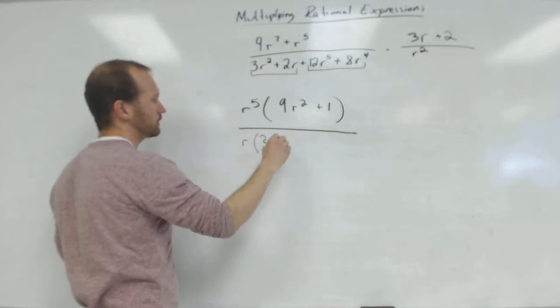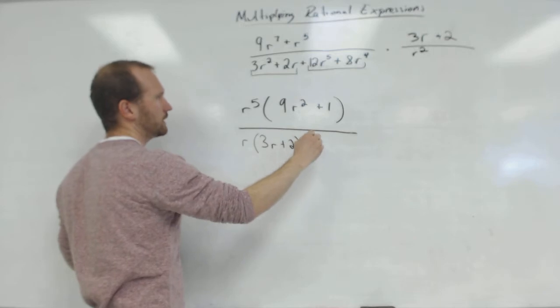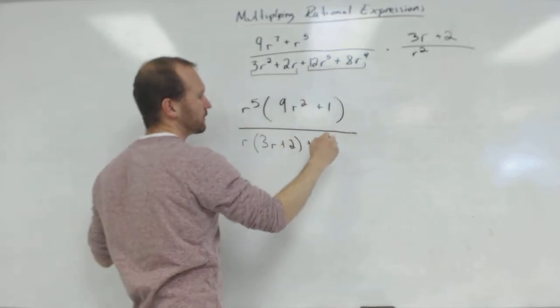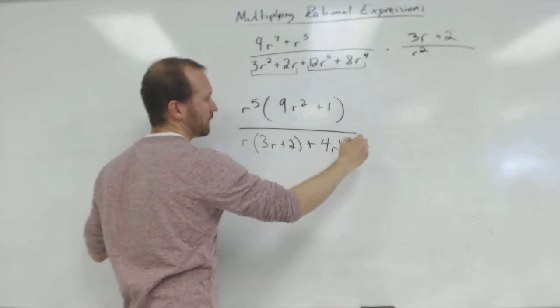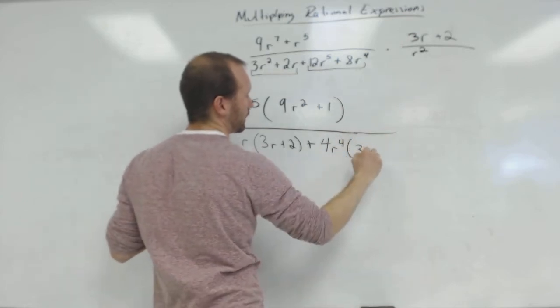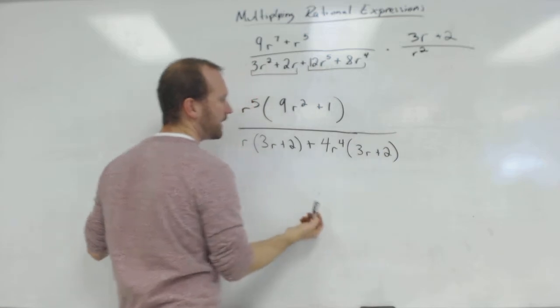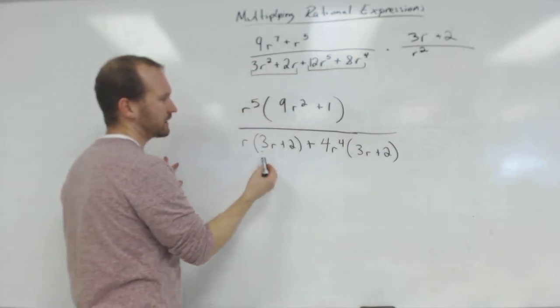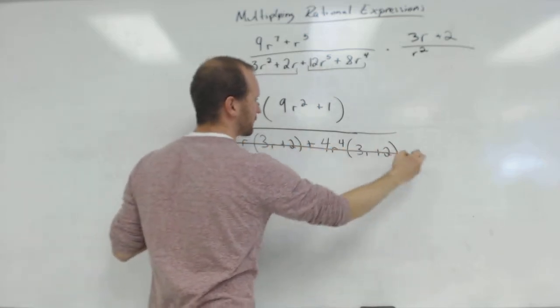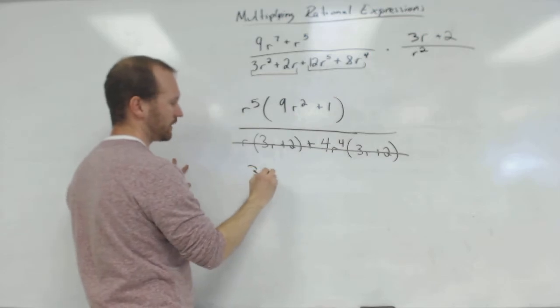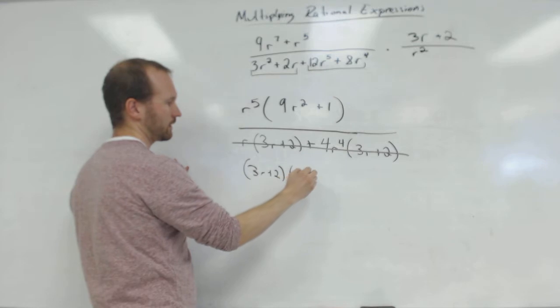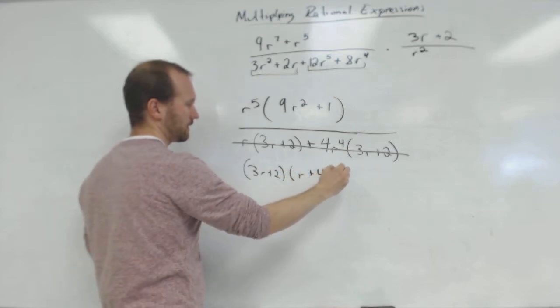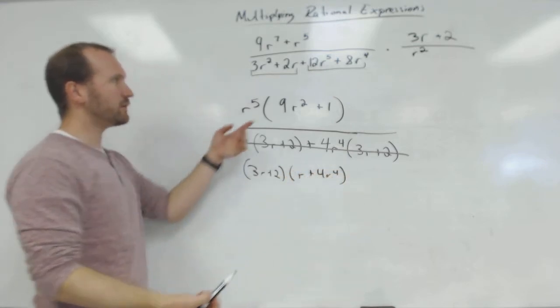And out of the second, we can factor 4r to the 4th, and then you get 3r plus 2. And I'm actually not done. I would write 3r plus 2 times r plus 4r to the 4th. So we can factor this.